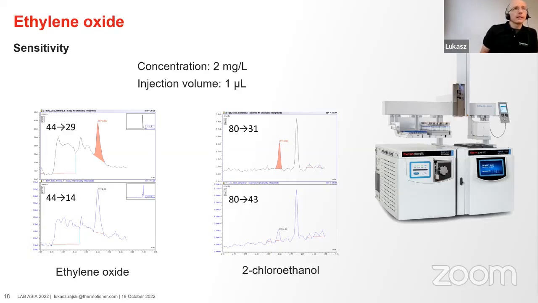On this slide, you can see 2 ppb of ethylene oxide and 2 ppb of 2-chloroethanol. And what is important, the injection volume here was only 1 microliter, and injecting 1 microliter, we were able to obtain, I would say, a satisfying signal-to-noise ratio for all the transitions.